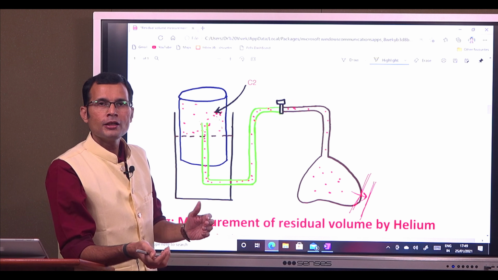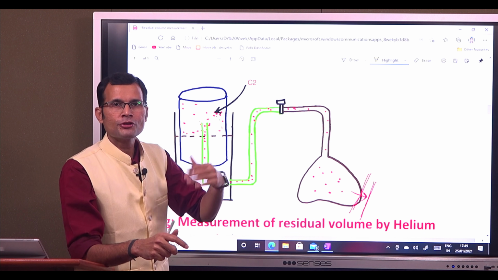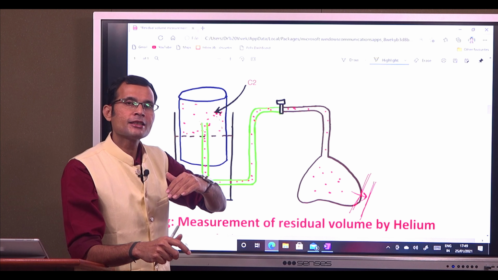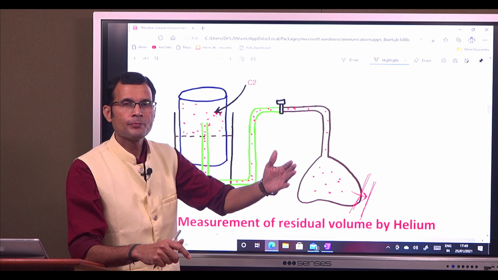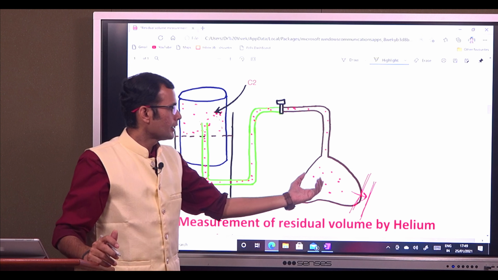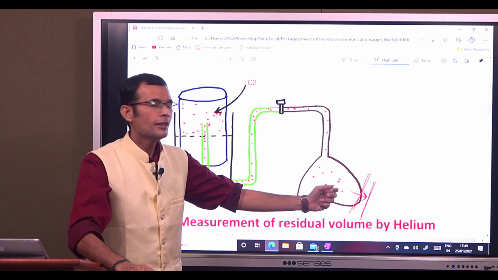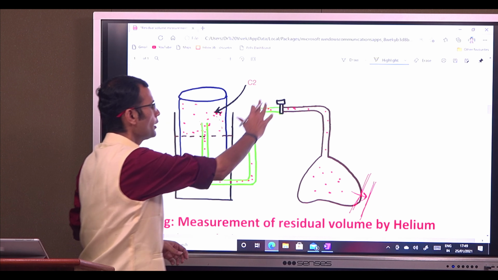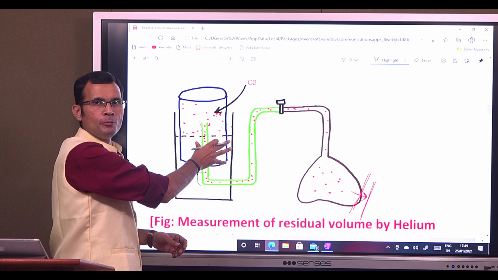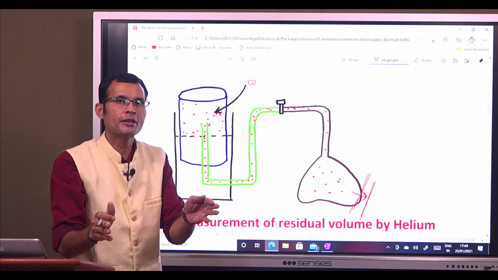Imagine this procedure was started at the end of maximum forceful expiration. At that point, the volume of the lung is the residual volume, and residual volume plus the spirometer volume is going to make one compartment at that very moment.